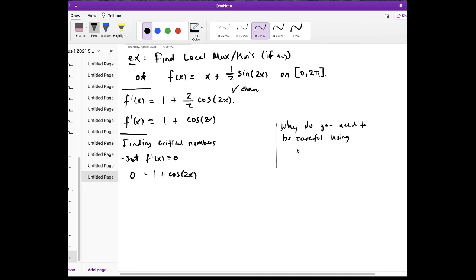Using arc cosine or cosine inverse. Can someone tell me what's something special you know about arc cosine or cosine inverse?